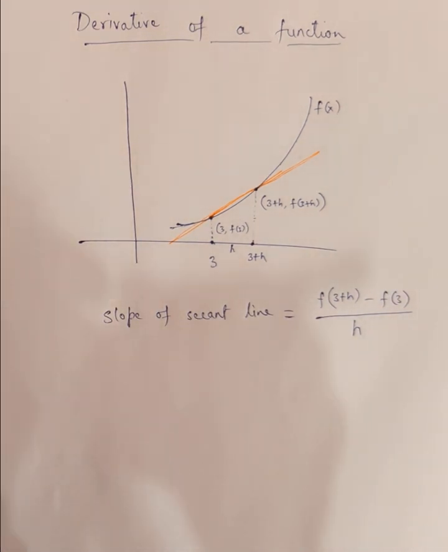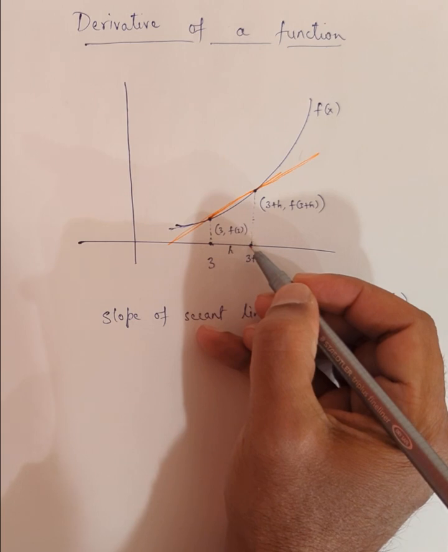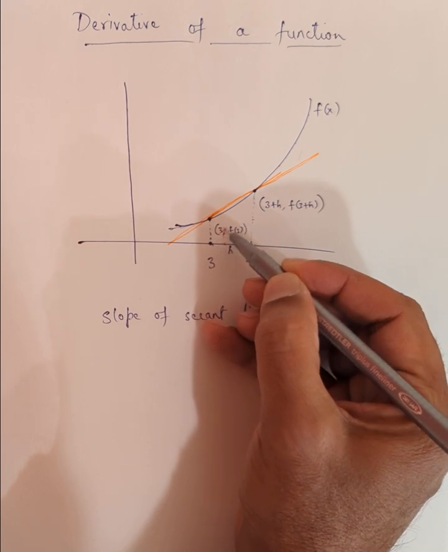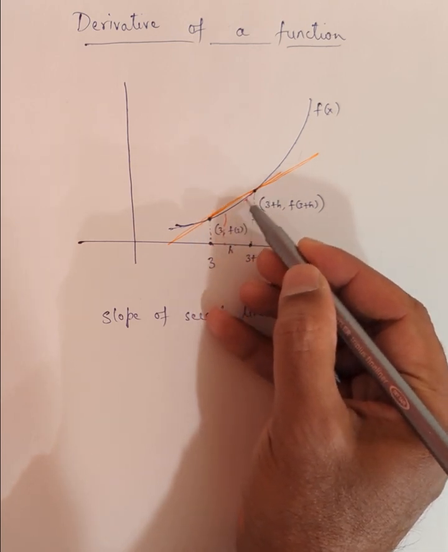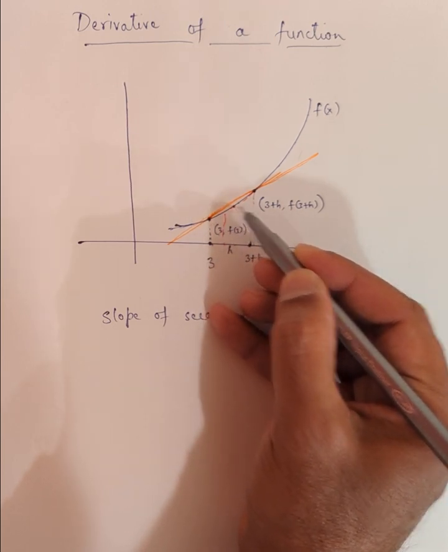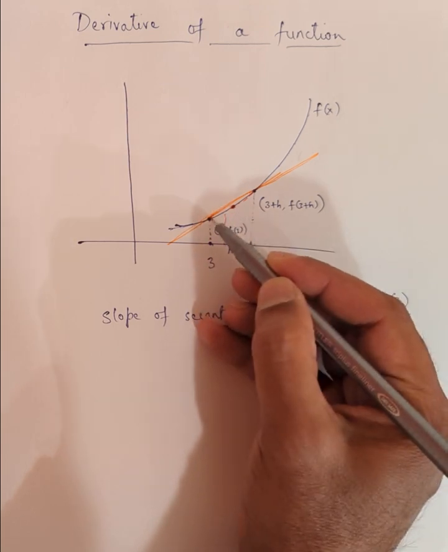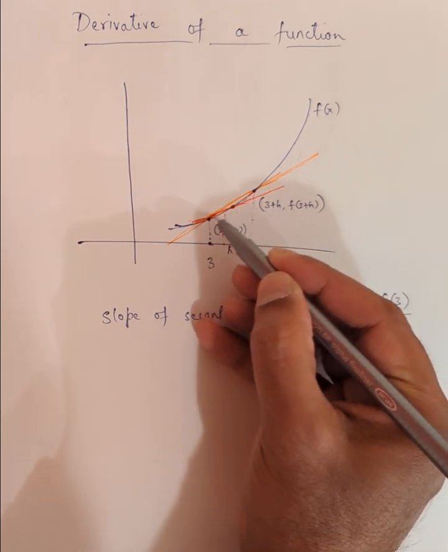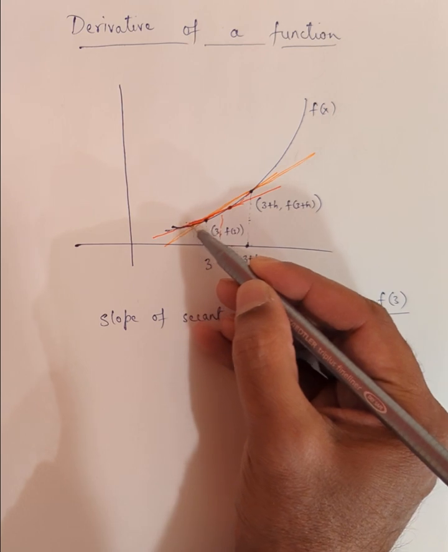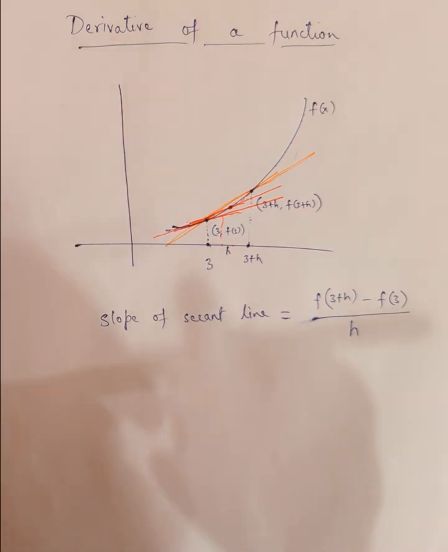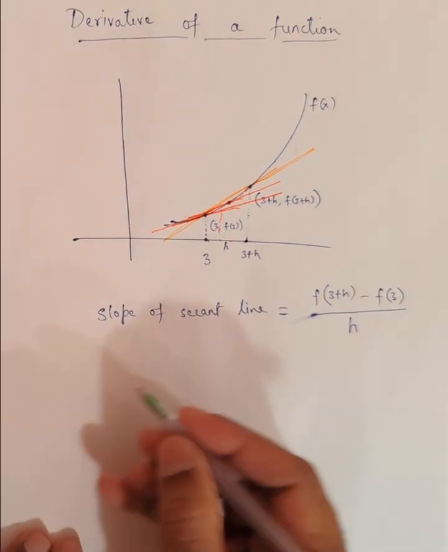Now imagine that this point h is getting closer and closer to 0. In that case, this point is going to get closer and closer to the first point. So if the point has moved here, then your secant line will look something like that. And what happens if you take the limit as h approaches 0?